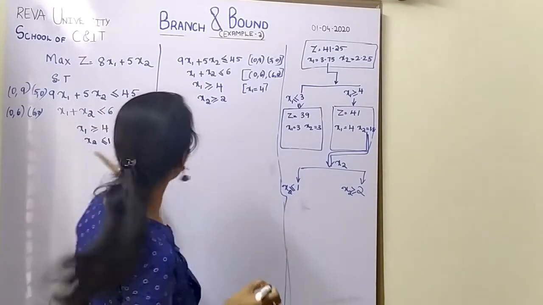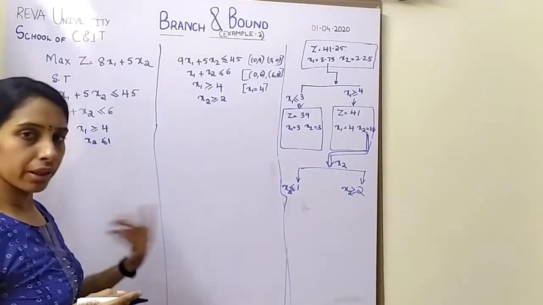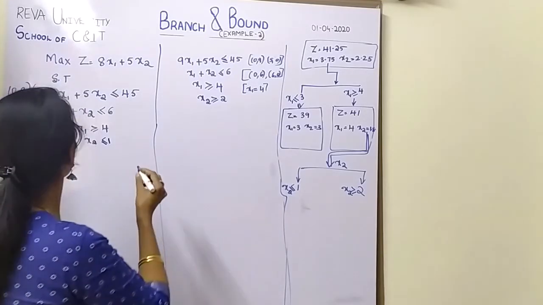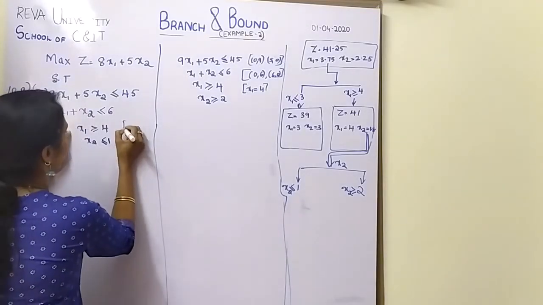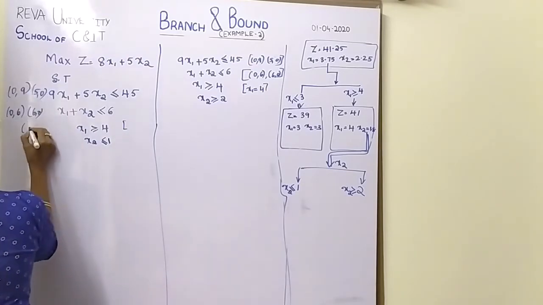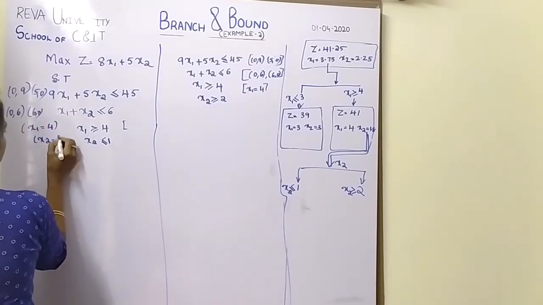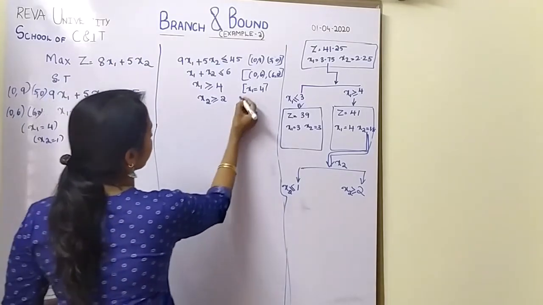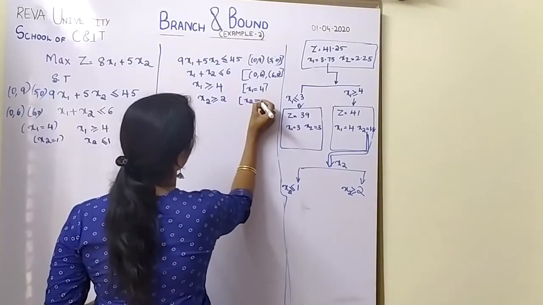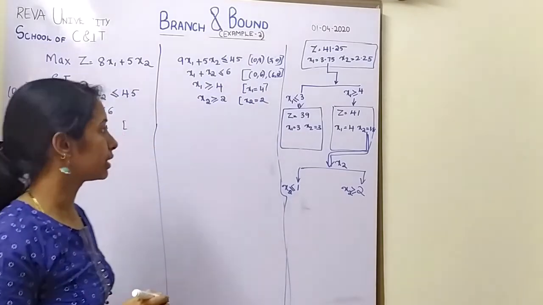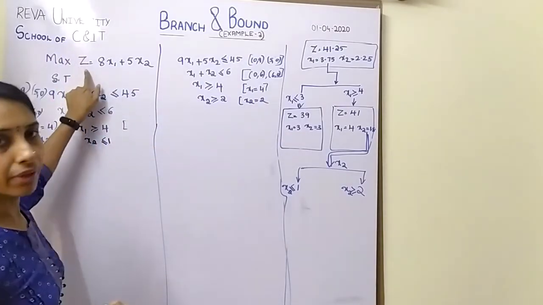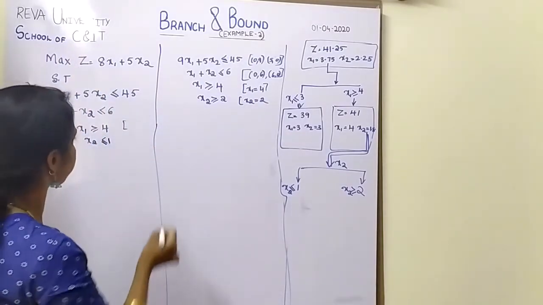Two cases we have to consider here. Now let us again solve this. Here x1 will be equal to 4, x2 will be equal to 1, and here x2 will be equal to 2. We will see which gives us the maximum optimal value for z.